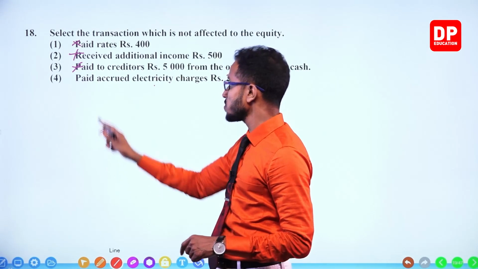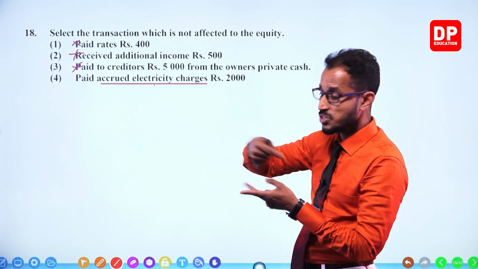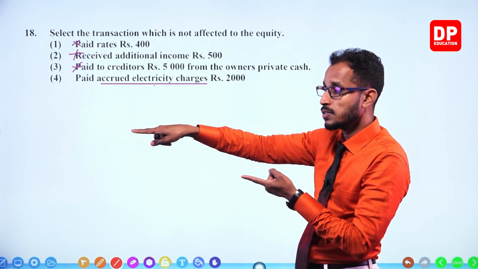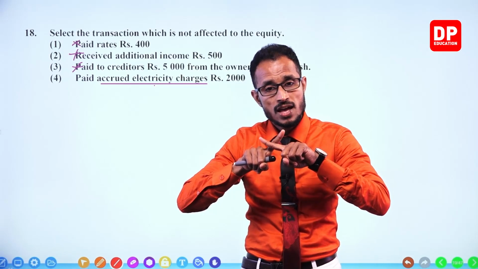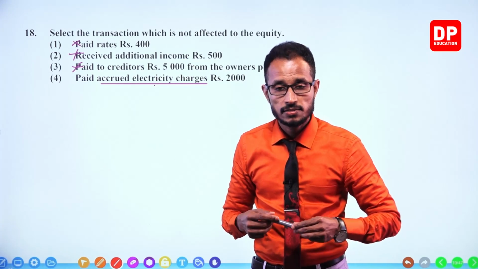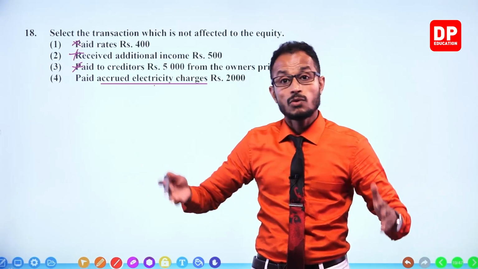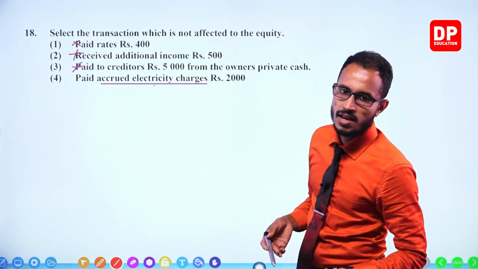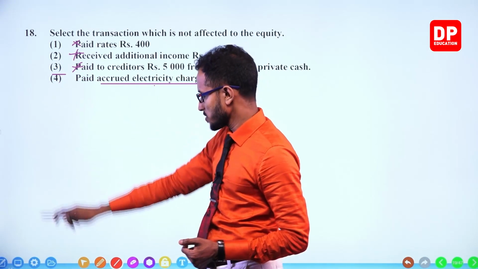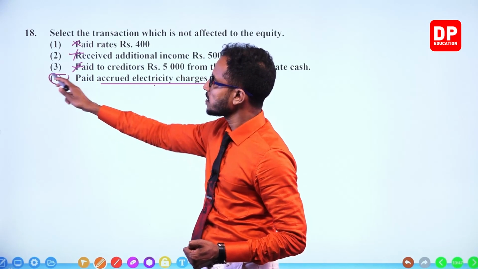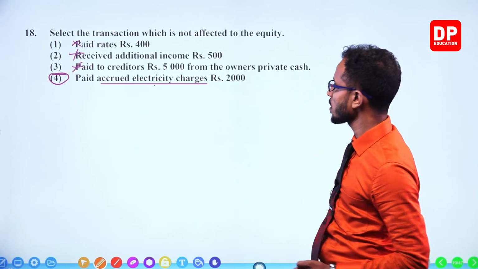Accrued electricity means, children, electricity charges which should have been paid, but it was not paid. We all know that. Accrued means a liability. It's a decrease of a liability. So this is the answer. It does not affect equity. Next one.